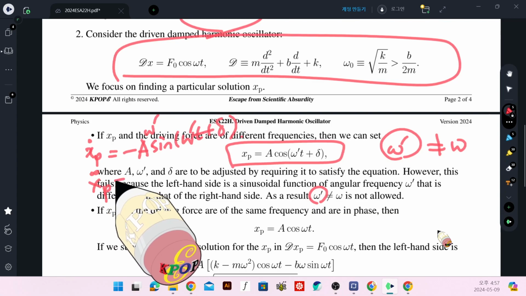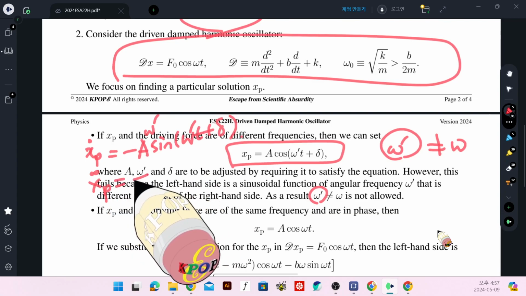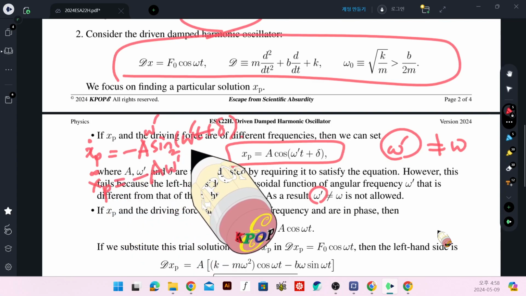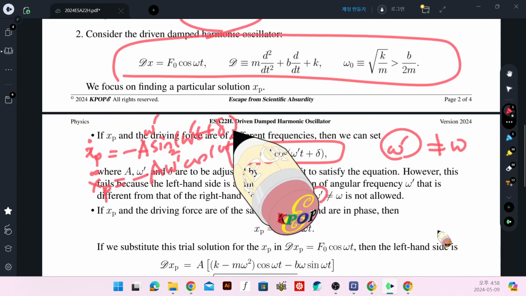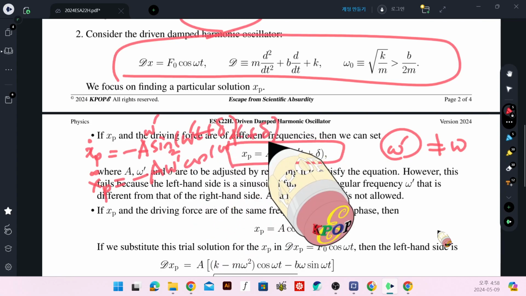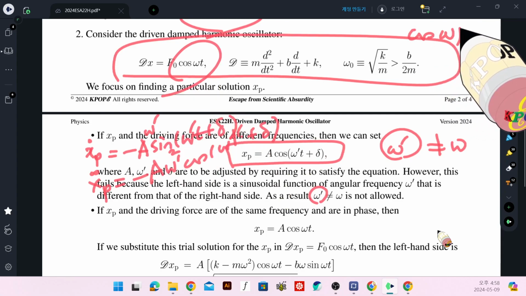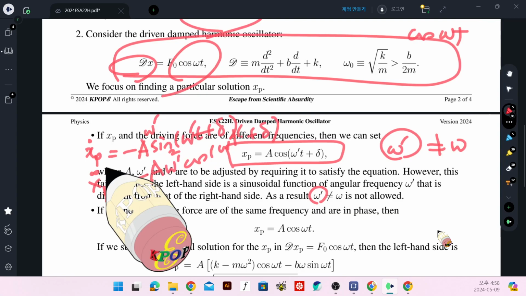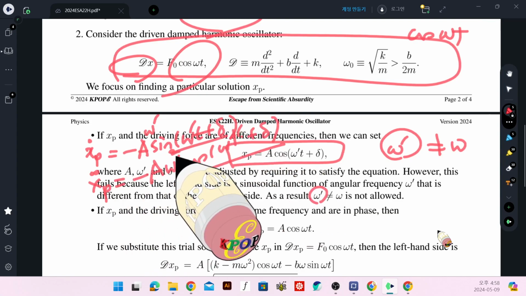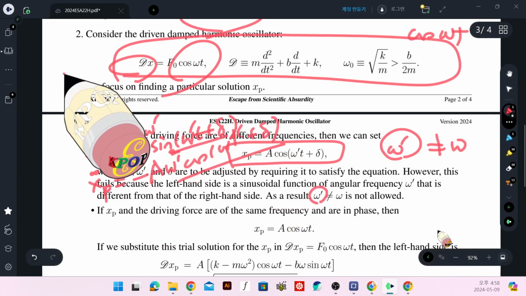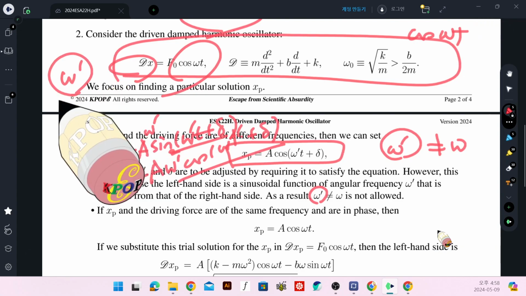The double time derivative gives minus a omega prime squared cosine of omega prime t plus delta. That means the right-hand side is a function of omega cosine omega t, while the left-hand side is a linear combination of terms that are all periodic with angular frequency omega prime.